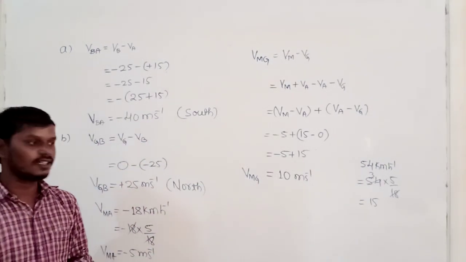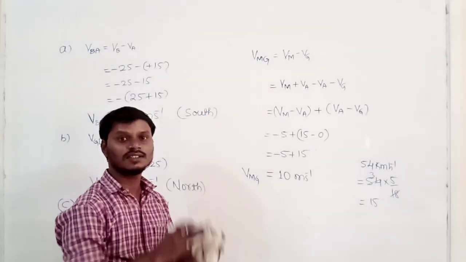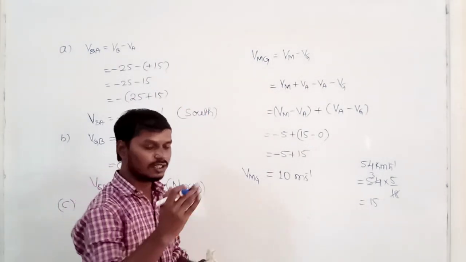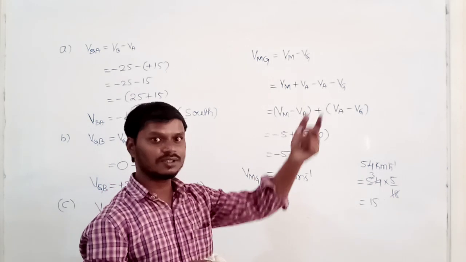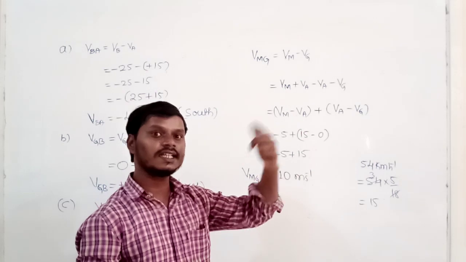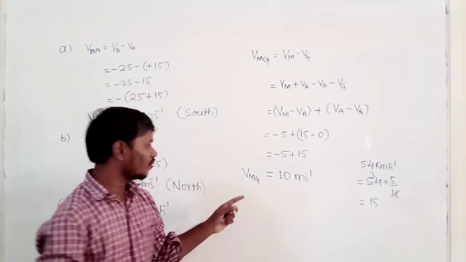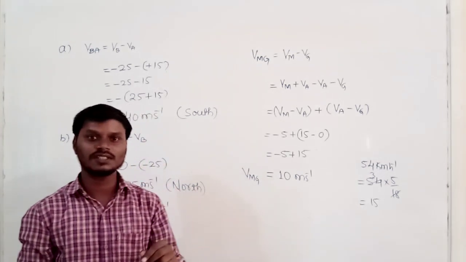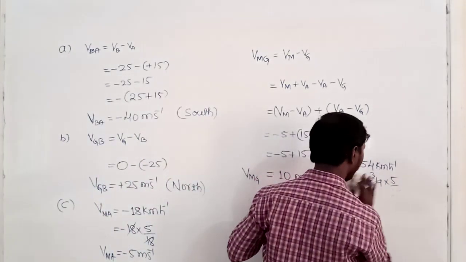The monkey goes with the train, so in which direction is the train going? North direction. So what is the velocity of the monkey with respect to the ground? That is plus 10 meter per second, which means it is north.